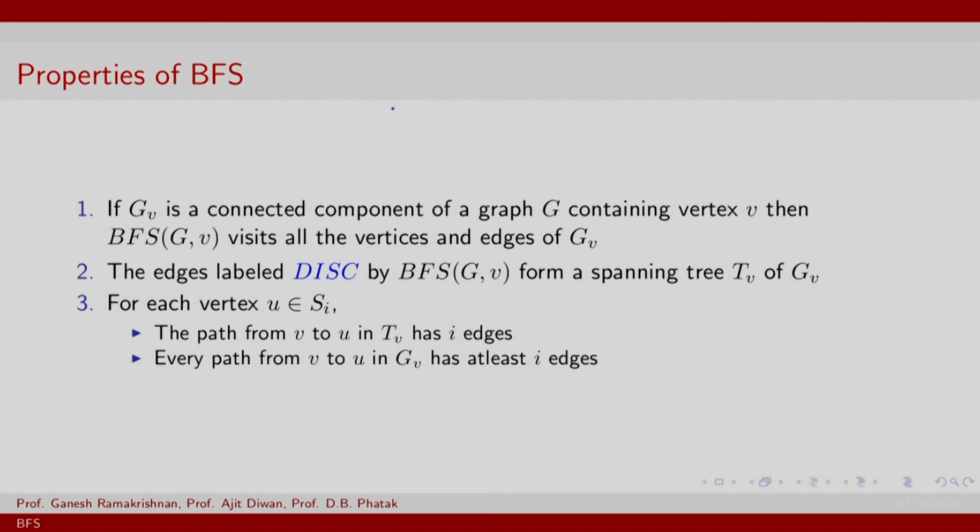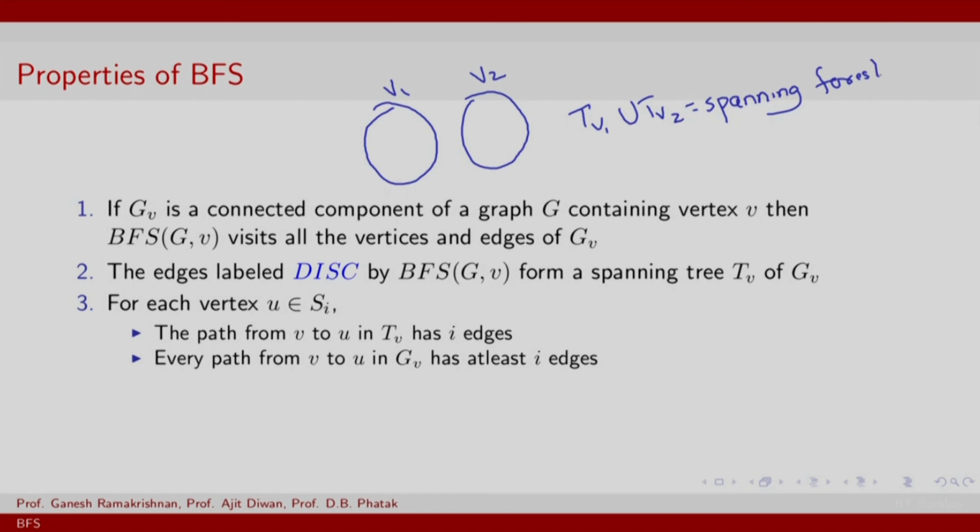And in case your G happens to have several disconnected components V1, V2, then TV1 union TV2 will give you the spanning forest of G. So the tree you get from each of these is basically a subset of the corresponding graph.